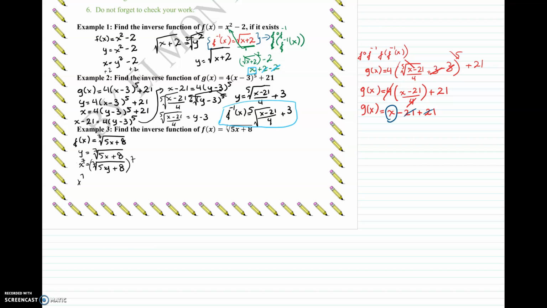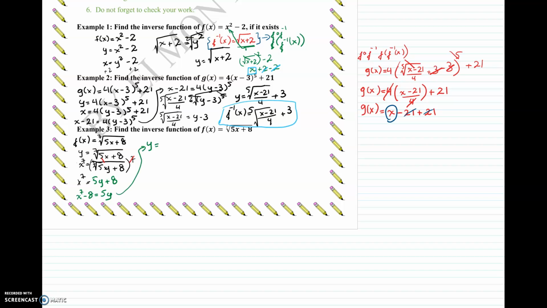So it's x to the 7th is equal to, the radical and the exponent are going to cancel out, leaving 5y plus 8. Now you subtract 8 from both sides of the equation. So x to the 7th minus 8 is equal to 5y. And you divide by 5 in order to get y.